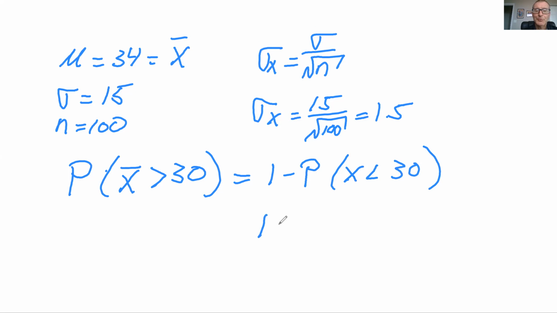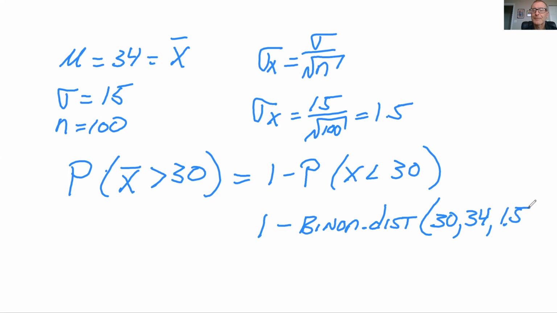And so this would be norm.dist. And so that would be 30 for the point, 34 for the mean, 1.5 for the standard deviation, and then true for the cumulative. So let me do that calculation for you here on the spreadsheet.